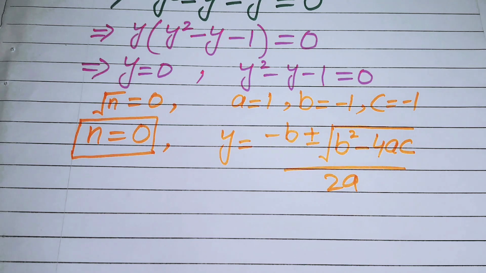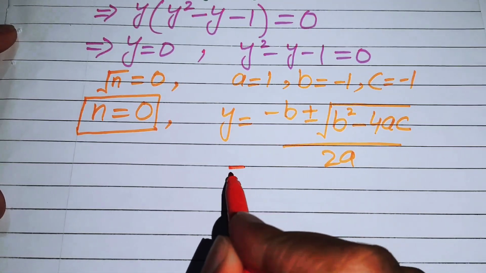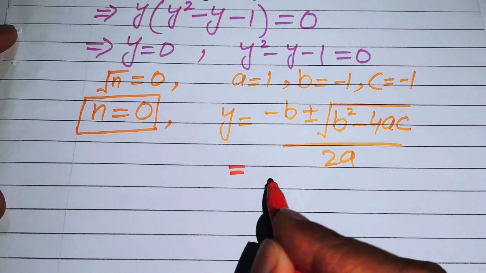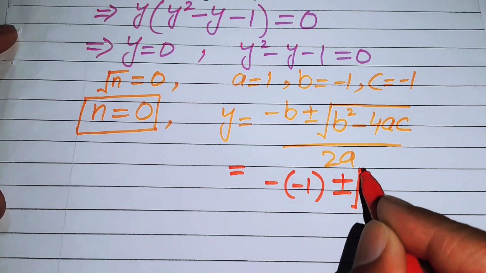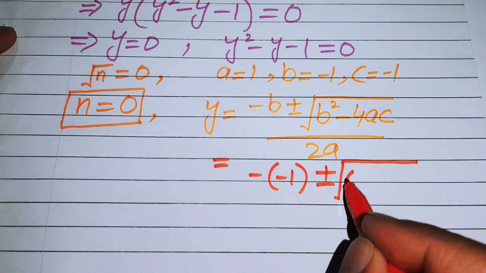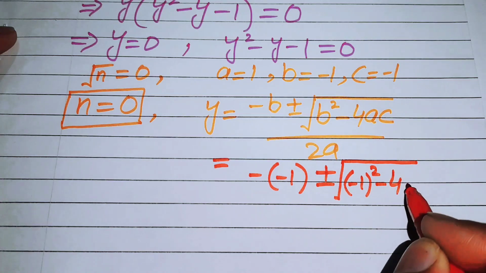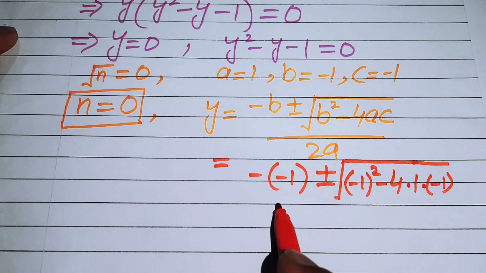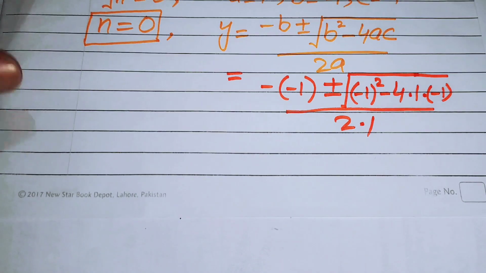Now we put all the values of a, b and c in this formula and simplify. Here the value of b is minus 1, so we get minus times minus 1, plus or minus the square root of minus 1 squared minus 4 times a, which is 1, times c, which is minus 1, and this whole over 2 times a, and the value of a is 1.